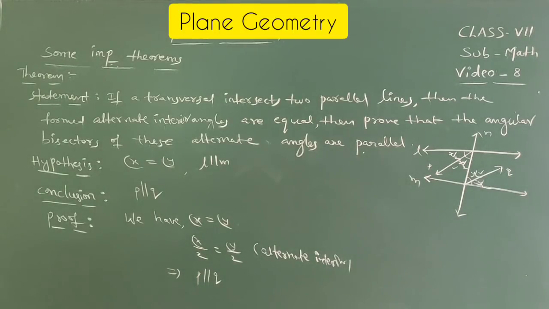If alternate interior angles are equal, then the given lines are parallel. So P is parallel to Q, hence we prove this statement.